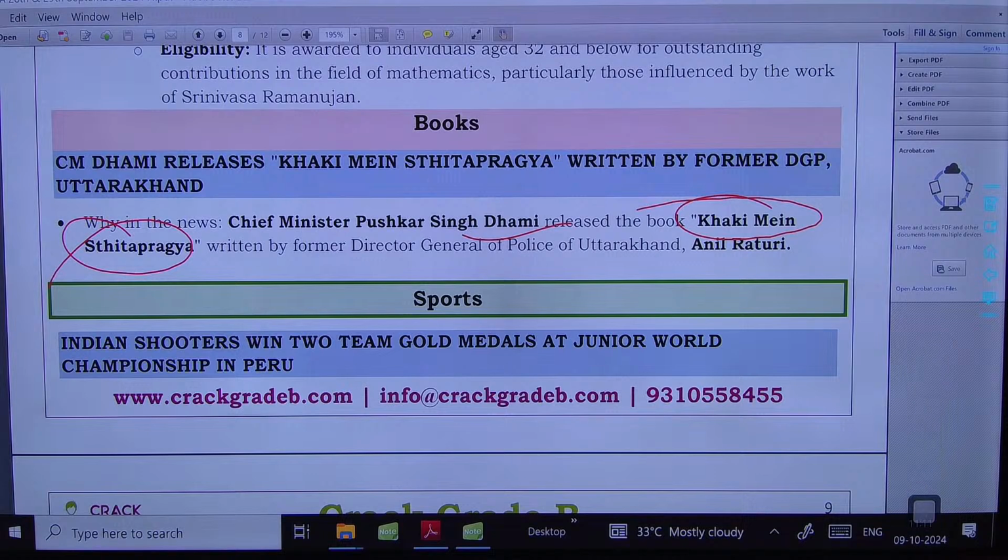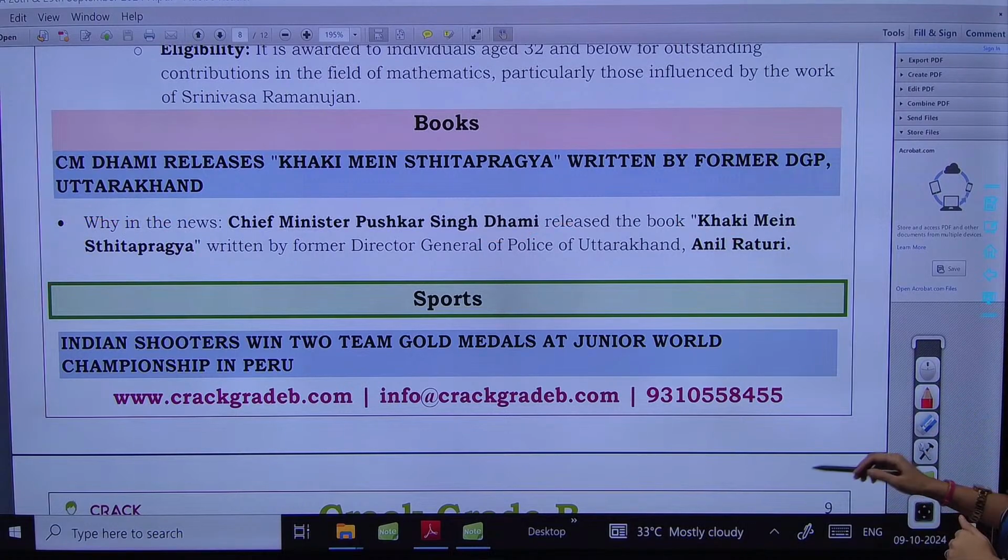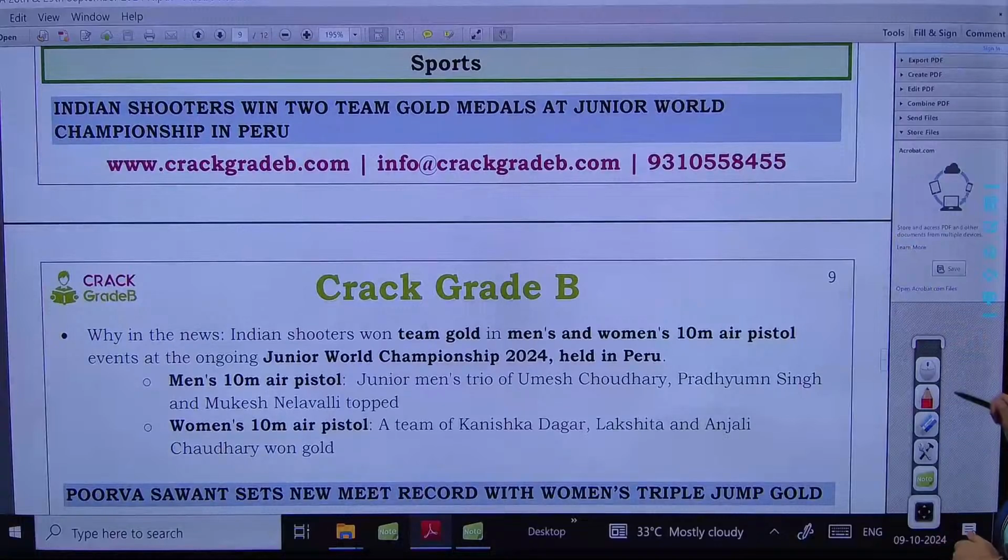It is written by former Director General of Police of Uttarakhand, Anil Raturi. So remember, it has been written by the former DG of Police in the state of Uttarakhand. This book is there.